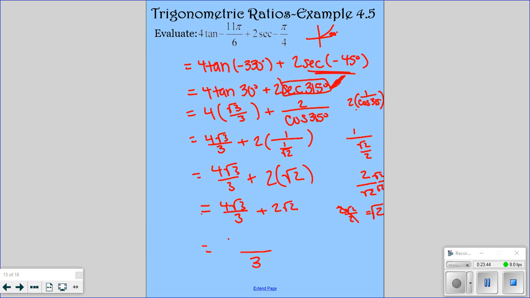And so I'm going to have 4 square root of 3 plus 6 square root of 2 all over 3. And so that would be your answer. So again, hopefully you're remembering how to do those from last year. They may be a little bit tedious, but hopefully as you go, you won't have to write down every single step. You'll start to condense them a little bit.